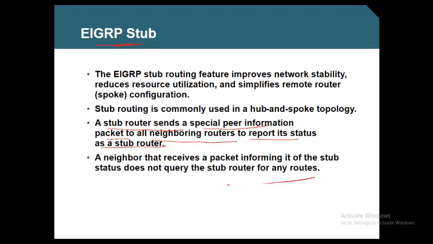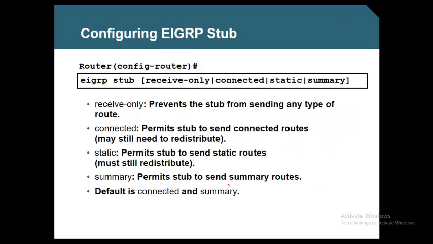One is stub connected. When you configure a spoke router with stub connected, that stub router will take responsibility only for those connected networks. If that router learned some network from other routers, it won't take responsibility for that network.